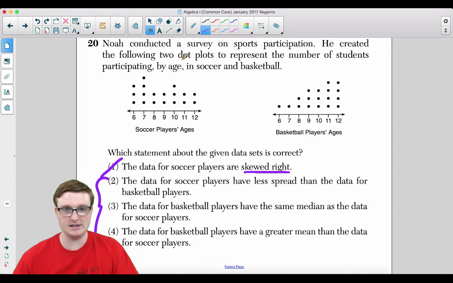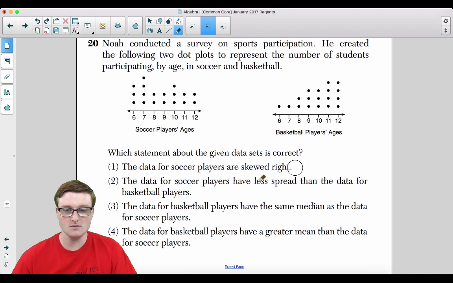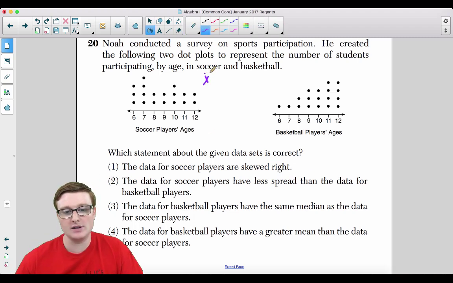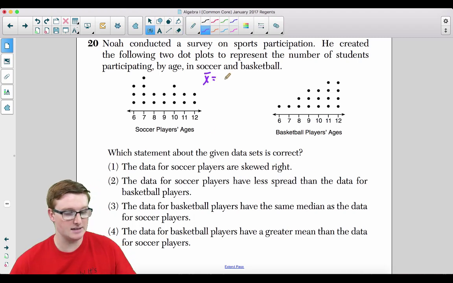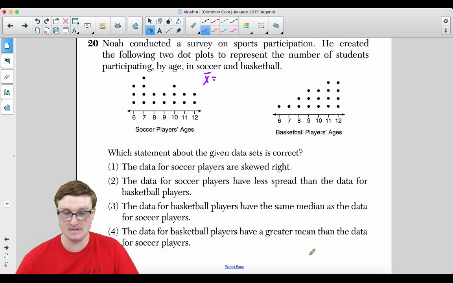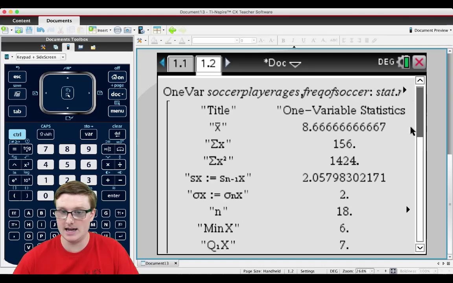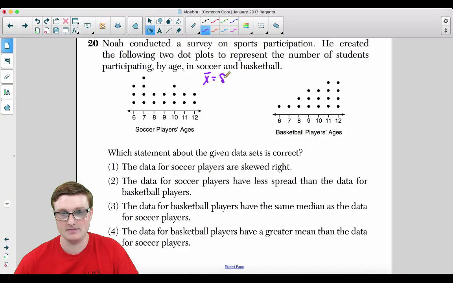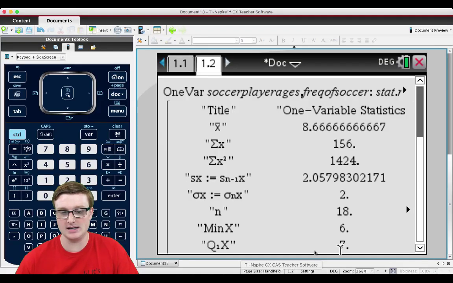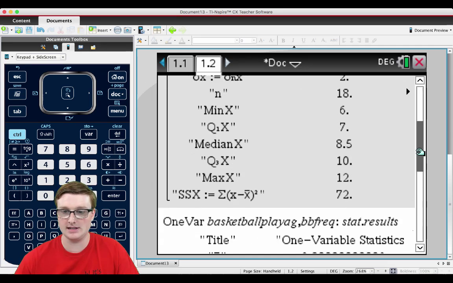I'm going to write down this information right here. The mean for soccer players is 8.6. And the median for the soccer players is, it looks like, 8.5.